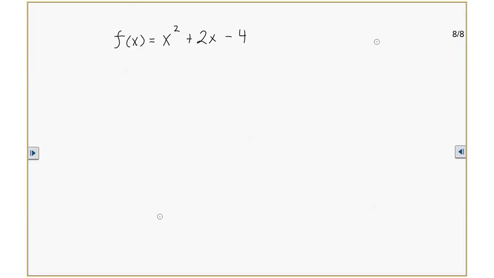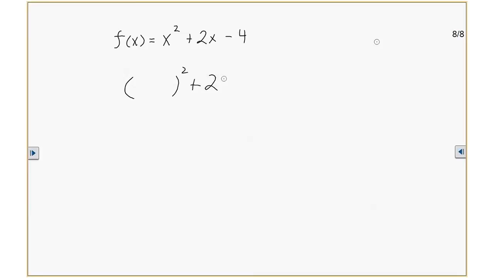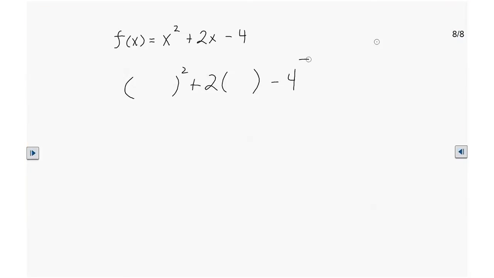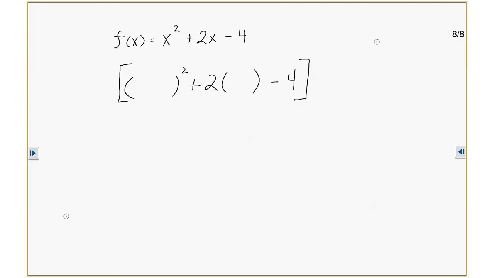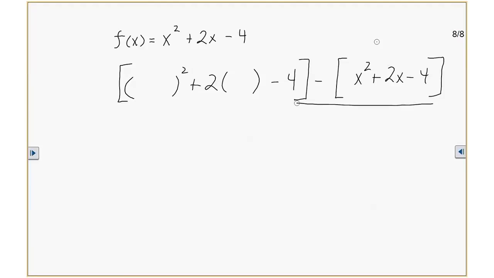So, f of x plus h, first thing I'm going to do is rewrite here's my f of x plus h. I rewrote my f of x, big set of parentheses, minus f of x, which is x squared plus 2x minus 4, all over h.